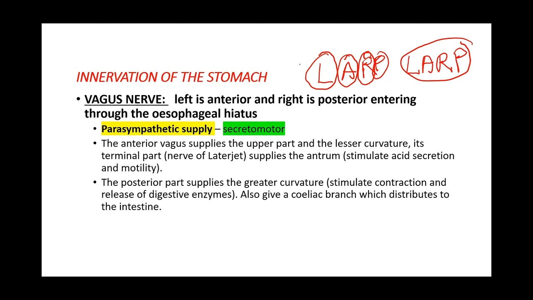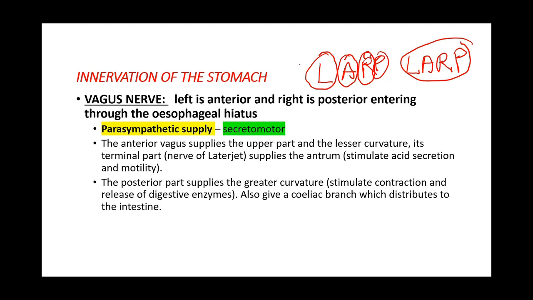The posterior vagus supplies the greater curvature. It stimulates contraction and release of digestive enzymes. It also gives the celiac branch, which distributes to the intestine. The celiac branch for other parts of the intestine comes from the posterior vagus.